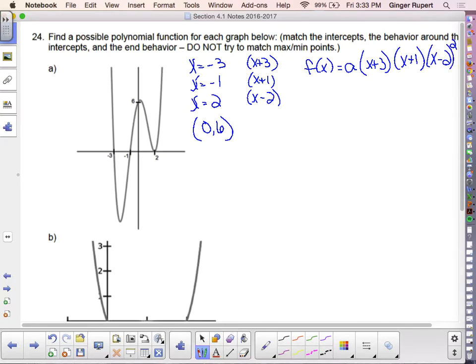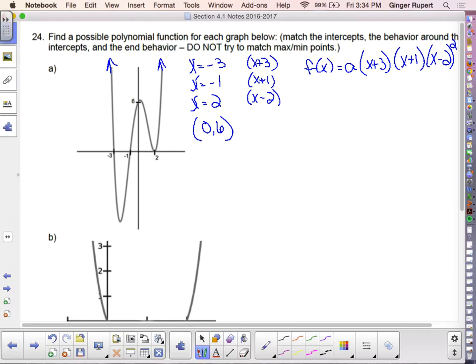When I look at this, I have end behavior in quadrants 1 and 2. So I know it has to be raised to an even power. I have to find then the value of a.